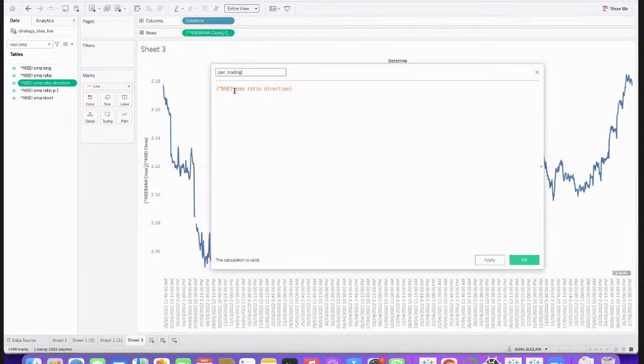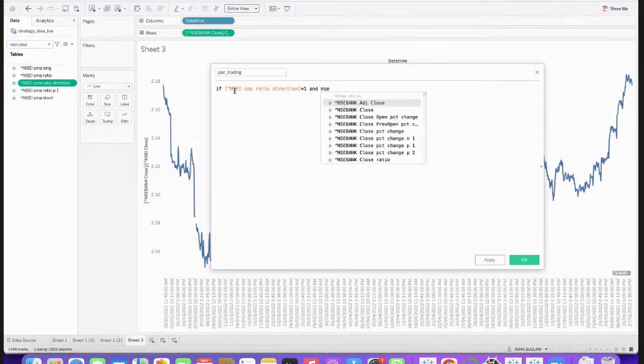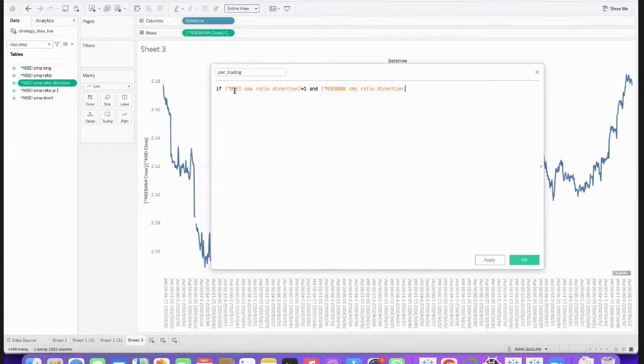trading. So what I will do, I'm saying if it is equal to 1, it means it is positive direction. And let us say when both of them are in the positive direction, then what happens? NSC, bank SMA ratio.